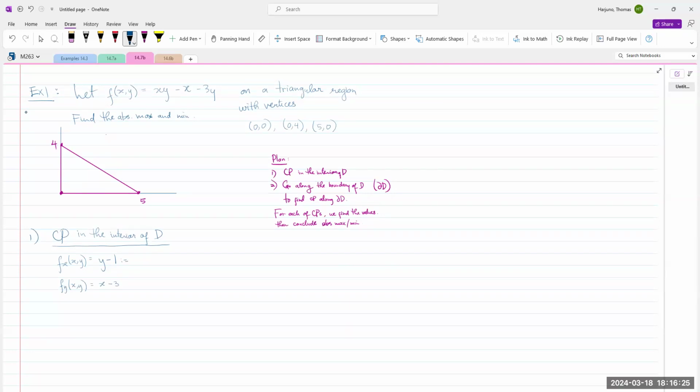We set them equal to 0. This is easy, so we get (3,1) is a critical point in the interior of D. Okay, let's find the value. So f(3,1) will be 3 times 1 minus 3 minus 3 times 1. That's negative 3.